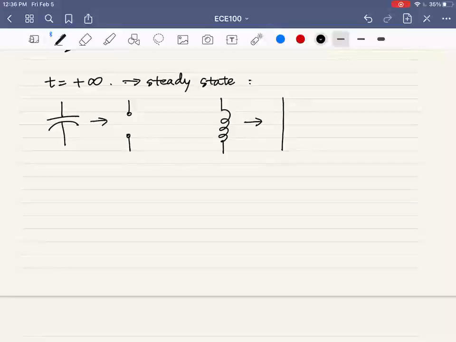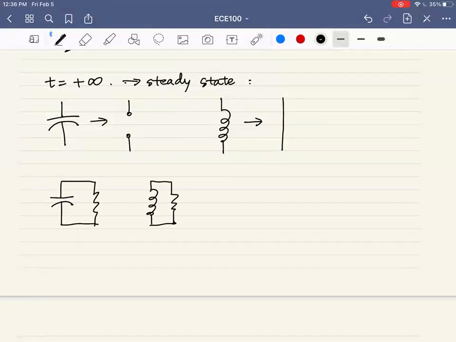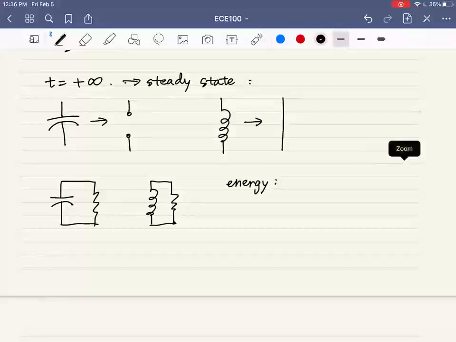If a capacitance or an inductance is fully charged, which means that they store much energy, and then we connect it with a resistance, what will happen? Yes, the energy will gradually go from capacitance or inductance to the resistance.